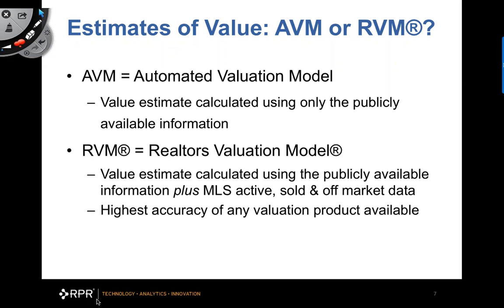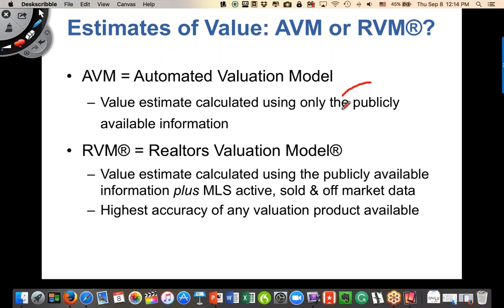First of all, if we were in class right now, I'm going to just circle this so you'll see this. If you look at an AVM, it's only public information. Therefore, it's not going to be as accurate as perhaps the realtor's valuation model, or the RVM. Now, why is there a difference?